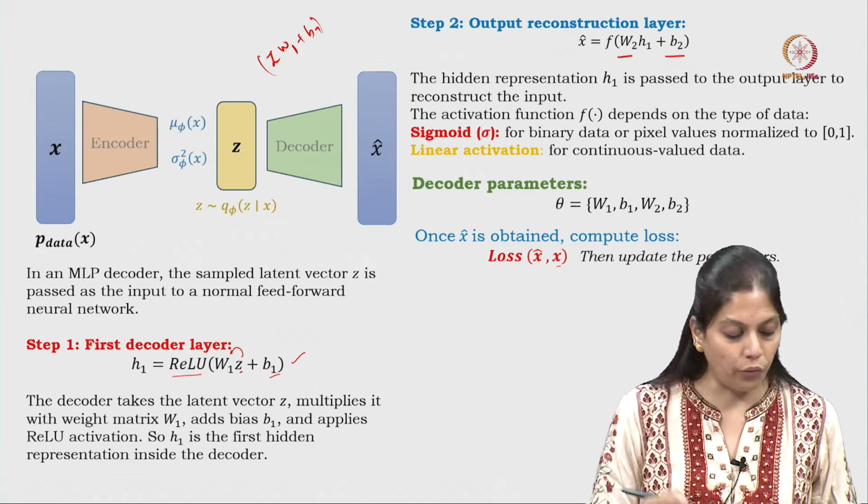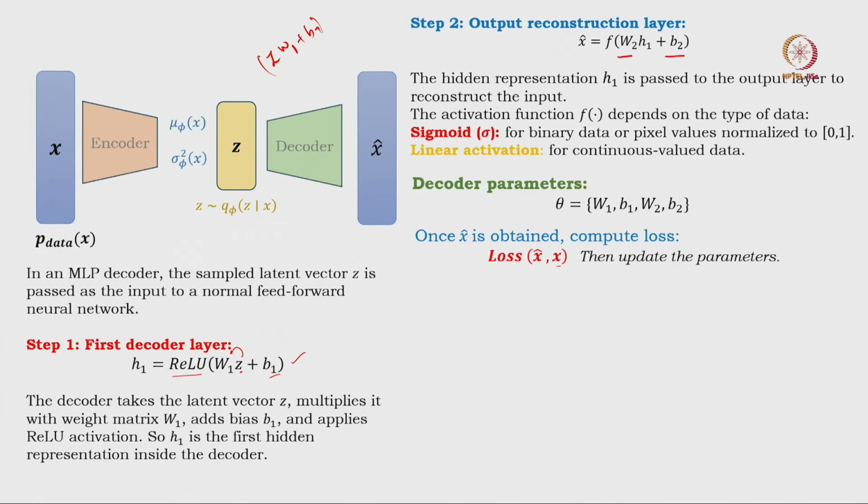If you want to find out the derivative of loss with respect to W2, using the chain rule, first you will compute with respect to x hat, and from x hat we can reach W2. So we write it in this form using the chain rule: derivative of loss with respect to W2 will be loss with respect to x hat and x hat with respect to W2.